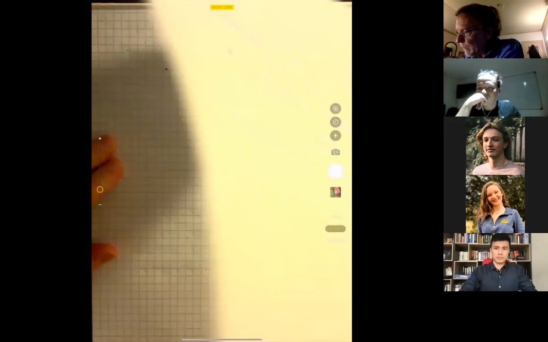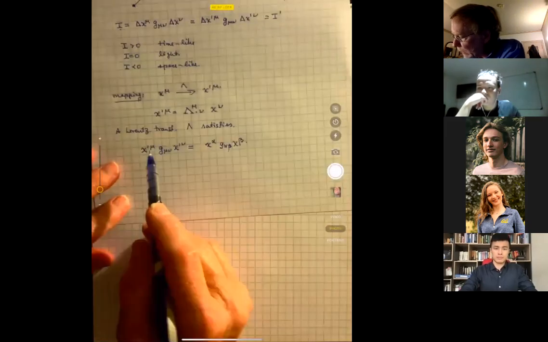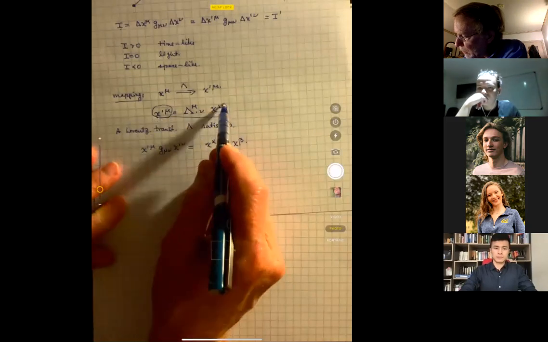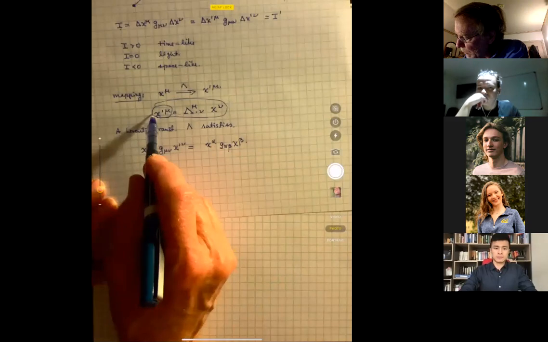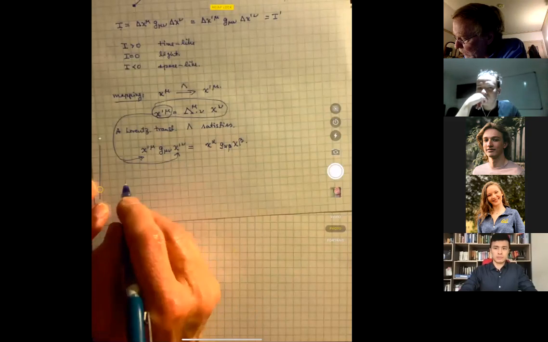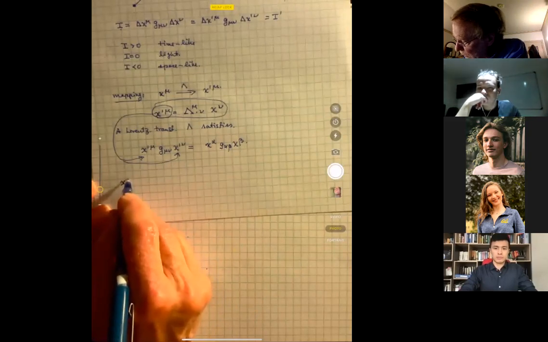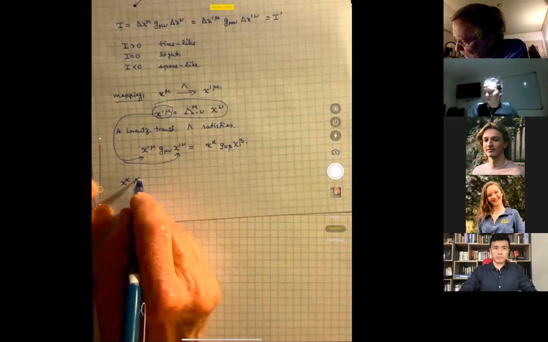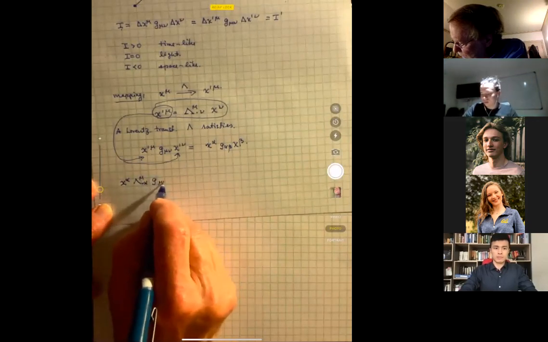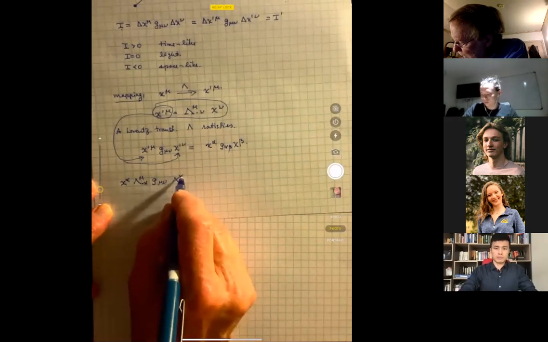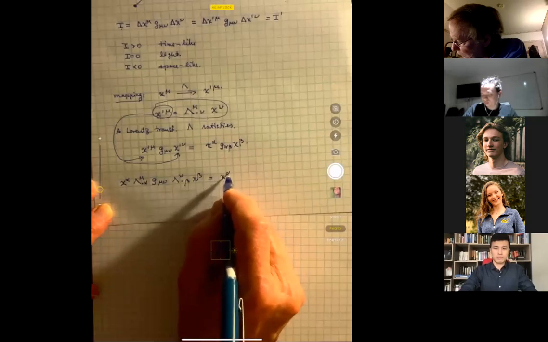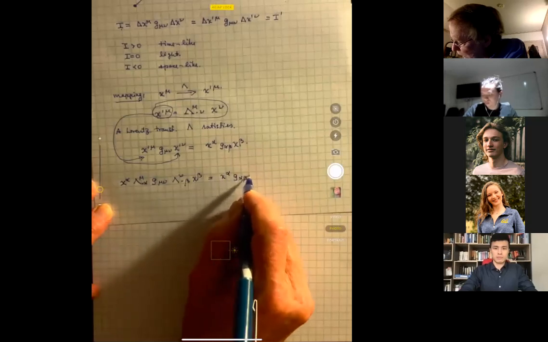If we take this requirement on the Lorentz transformation, and I plug in our formula up here for x' in terms of Λ x, and plug that in here, then what we get is the following equation: x^α Λ^μ_α g_μν Λ^ν_β x^β is equal to the right-hand side x^α g_αβ x^β.